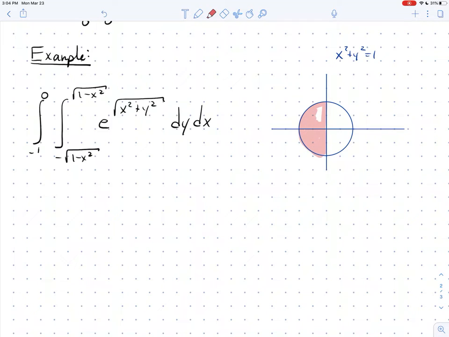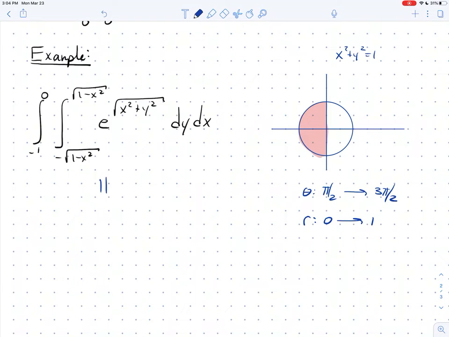So the region of integration is circular, so definitely want to switch this to polar. And we can see theta is swinging from pi halves over to 3 pi halves, and r is extending from length 0 out to length 1.